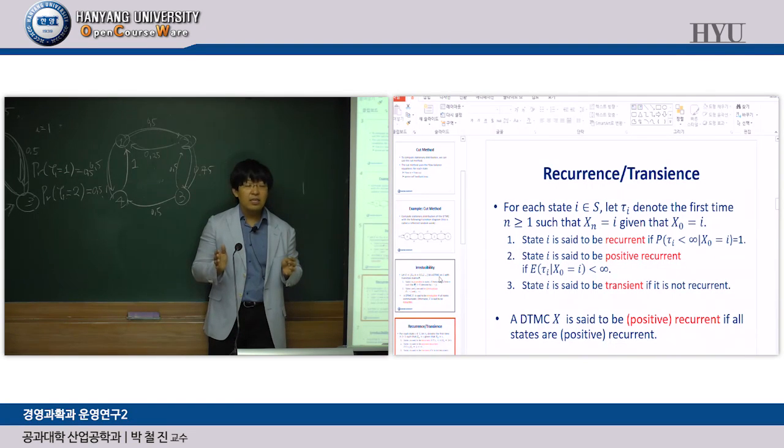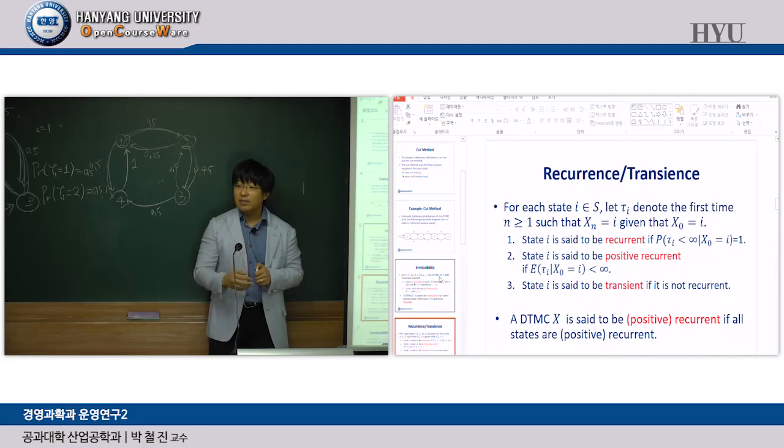So recurrence and transience can be a characteristic of the chain. As long as all the states satisfy the recurrence concept, the chain is recurrent. If any one of the states is transient, then the chain is transient.